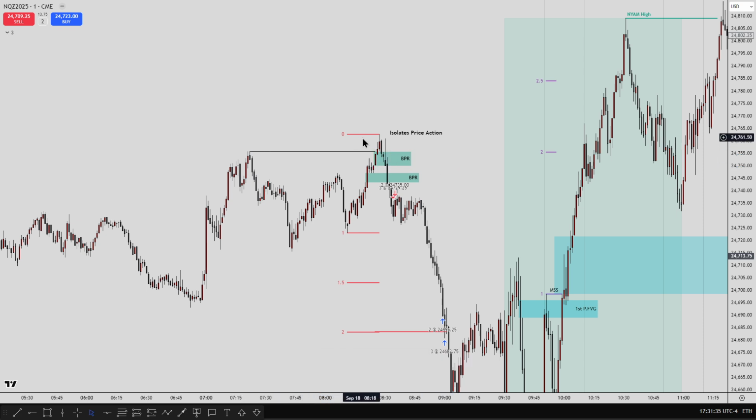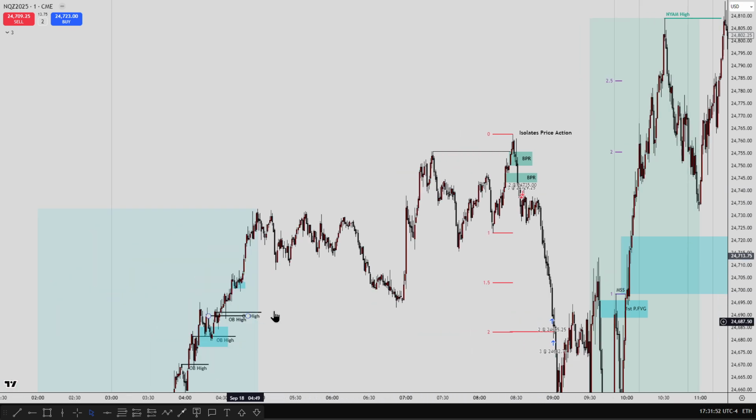see that? And then we displace back lower, and that leaves these inefficiencies that are overlapping. So those are balanced price ranges. We leave those there and we don't trade back into them. That's an important sign because it basically confirms the idea that we're probably bearish and heading into the London range.